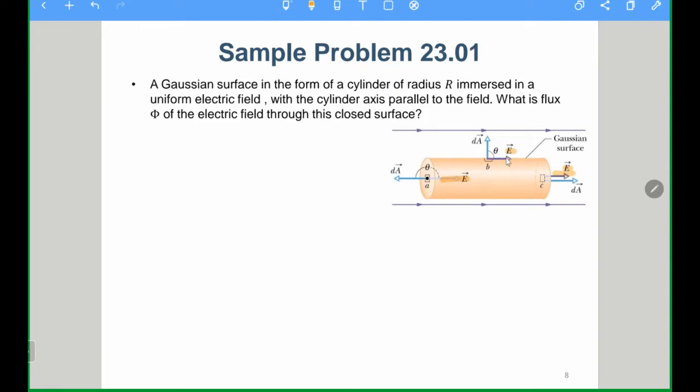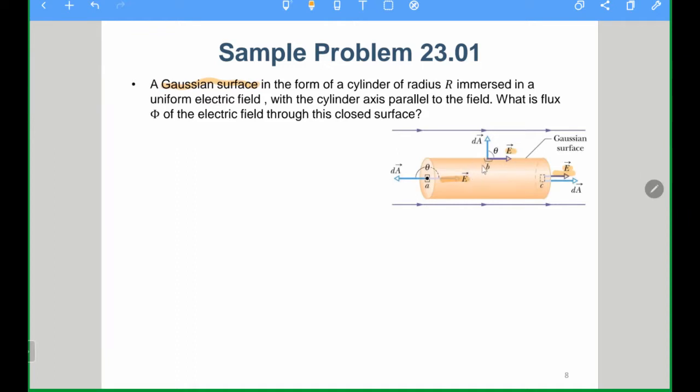Actually, I would like to highlight that a Gaussian surface doesn't necessarily need to be a physical surface. It is just an imaginary surface. It doesn't need to exist in a physical form. Here we draw it out as a cylinder, but it doesn't have to be a plastic one or a metal one.